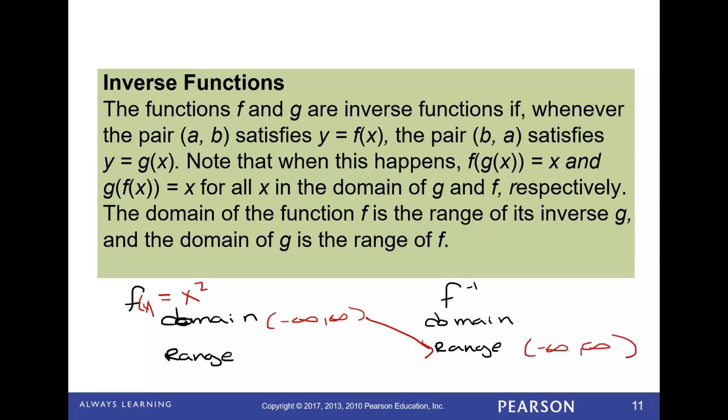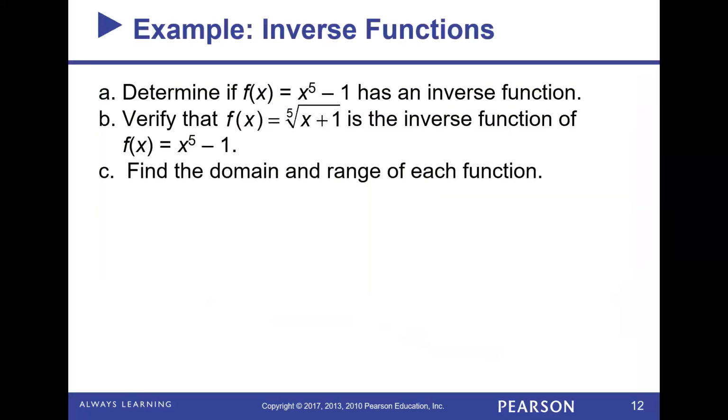And when I look for the range, the range of this function is going to be from 0, I need a bracket because it equals this, to positive infinity. That will switch and become the domain of the inverse itself. So that's what's happening, a switch between them, whatever they might be.